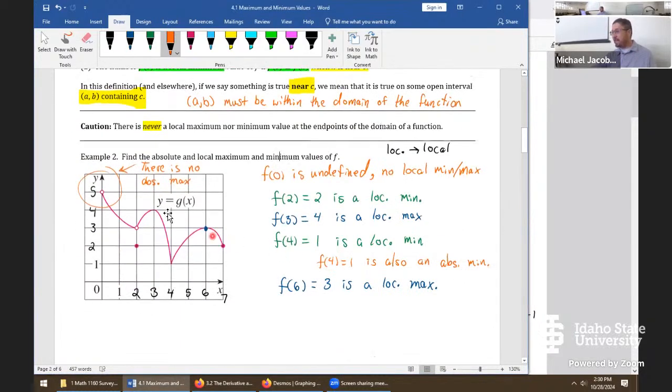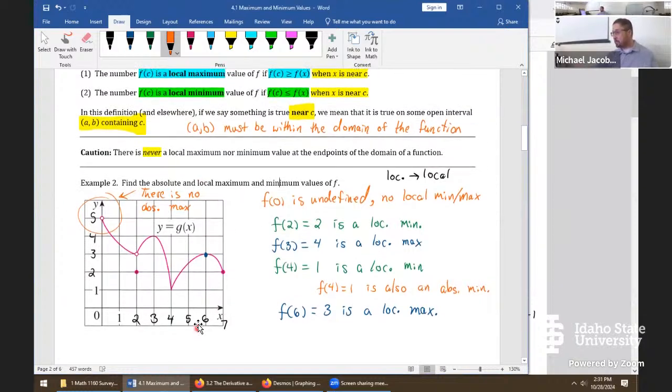But this one loses the absolute maximum because f at 0 is not 5. It comes out as undefined. So this graph has lots of weird particular issues. But going through the process, to remind ourselves, this was the local minimum at 2. We had a local maximum here at 4, local minimum at 1, and now we just found a local maximum here at 6.